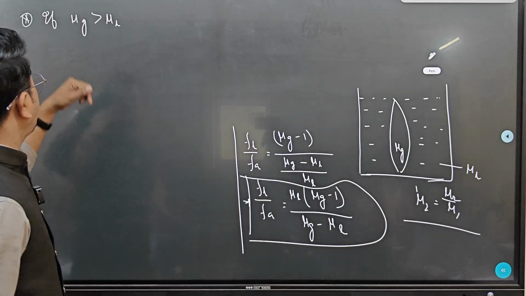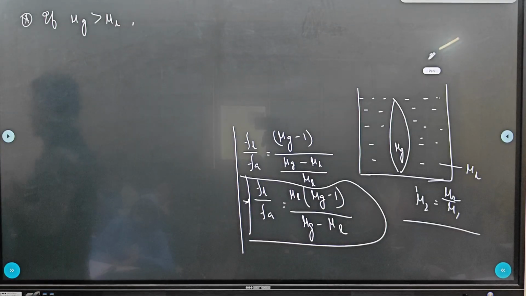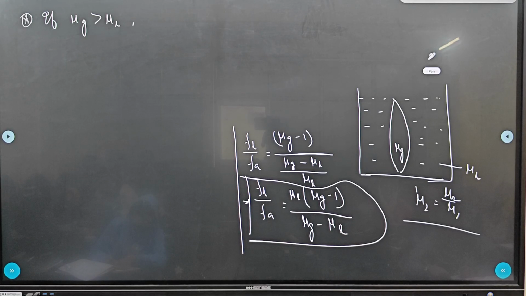You please note it down. If mu g greater than mu L, then both Fl and Fa will be having same sign.